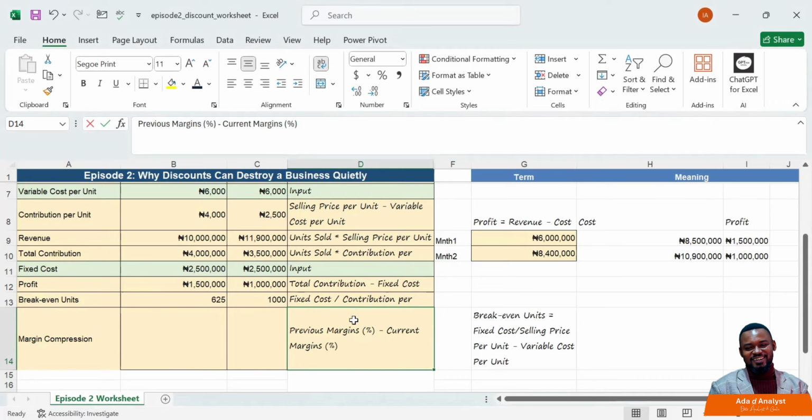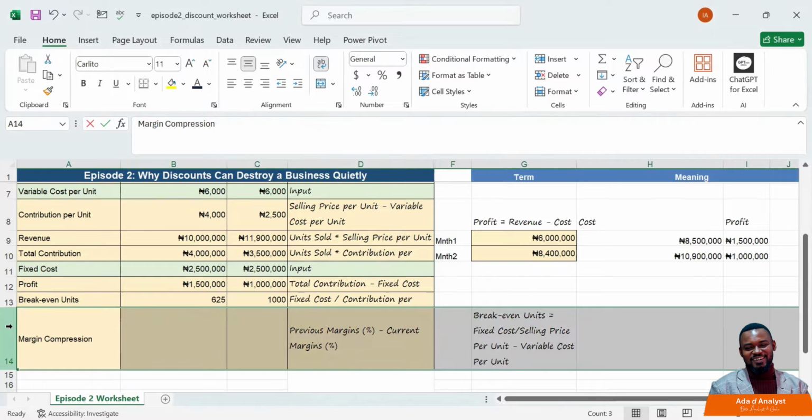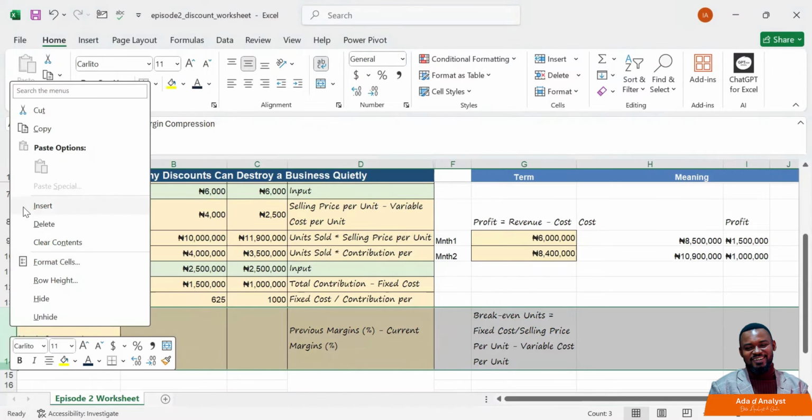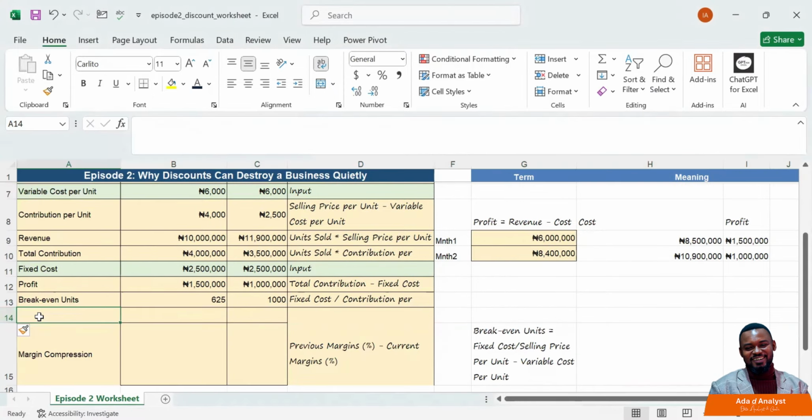But before we determine our margin compression, we would like to calculate our gross margin. So I'm going to insert another row here, and I'll call this gross margin. We'll calculate the gross margin for month one and for month two.